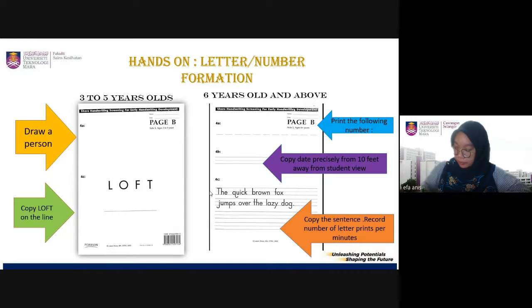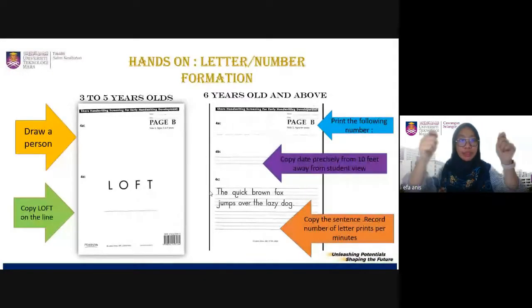Okay, kita ada lagi a few seconds for the hands-on. I'm really hoping kalau daripada participants boleh tunjuk ataupun open your camera and just show the result.